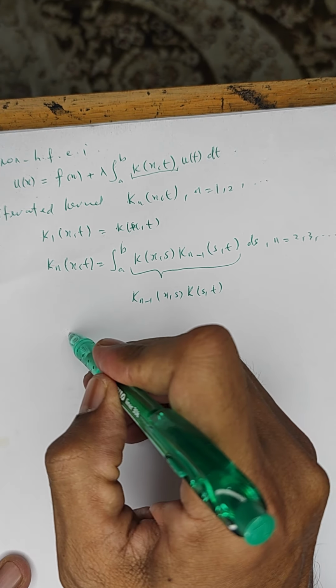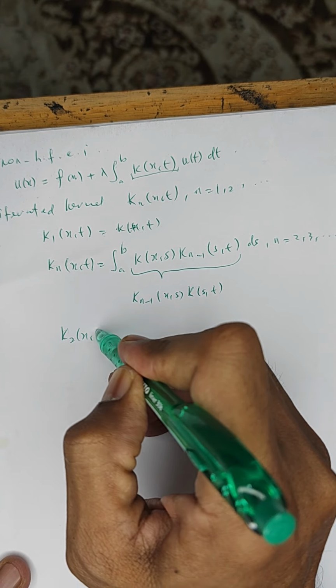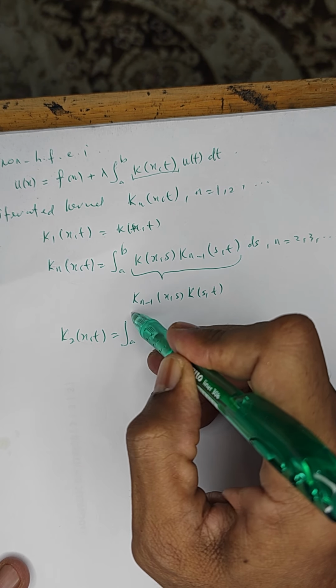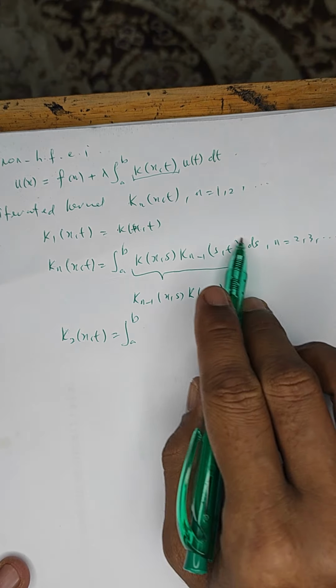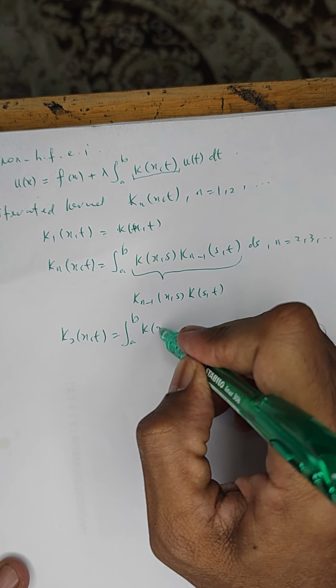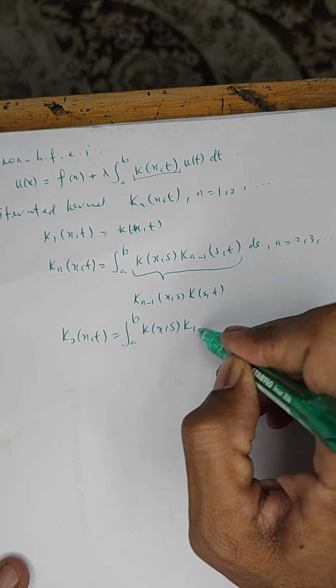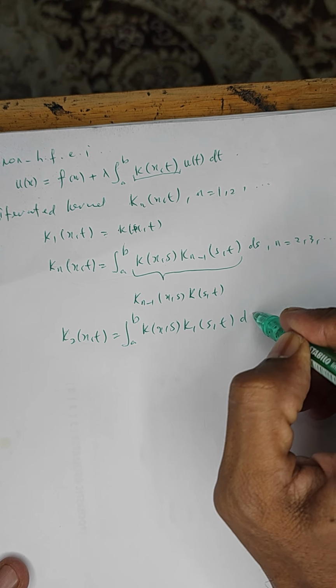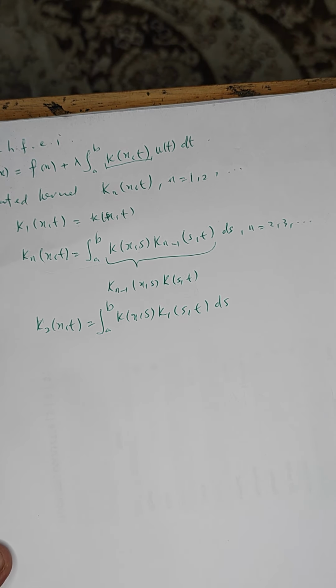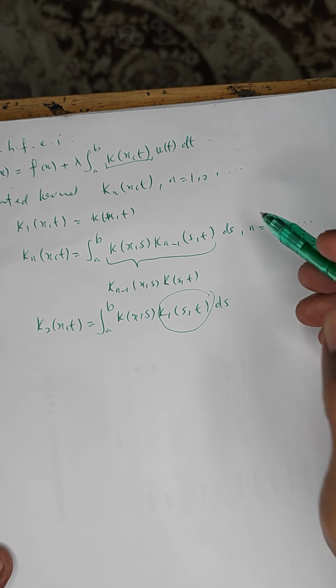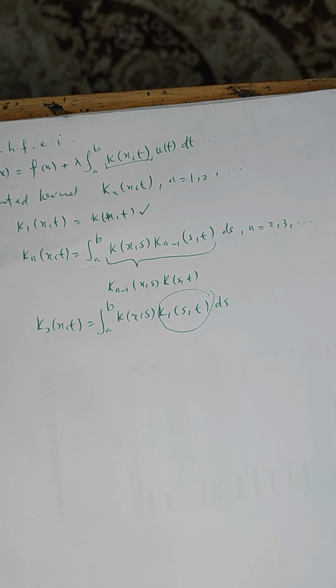If you want to find K_2(x,t), using that definition, it is the integral from a to b of k(x,s) K_1(s,t) ds, where K_1 we take from the first approximation. By doing this, we can define the kernel of the integral iteratively. So that's the first thing, the iterated kernel.